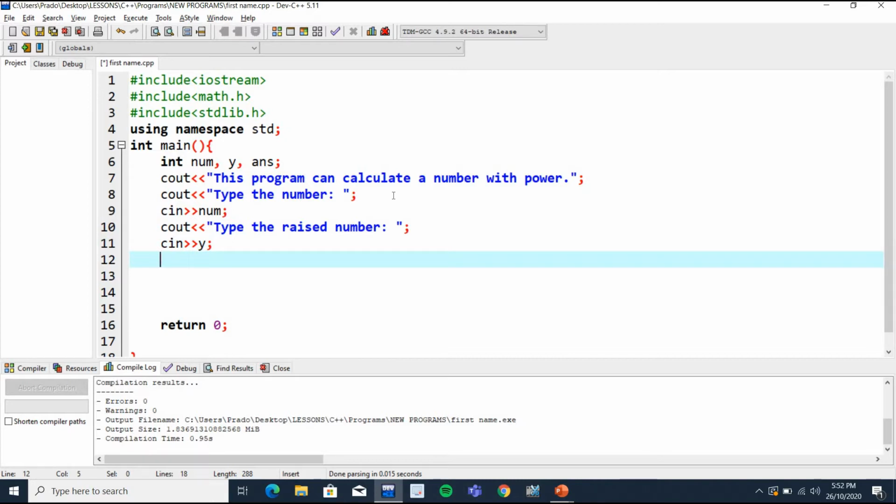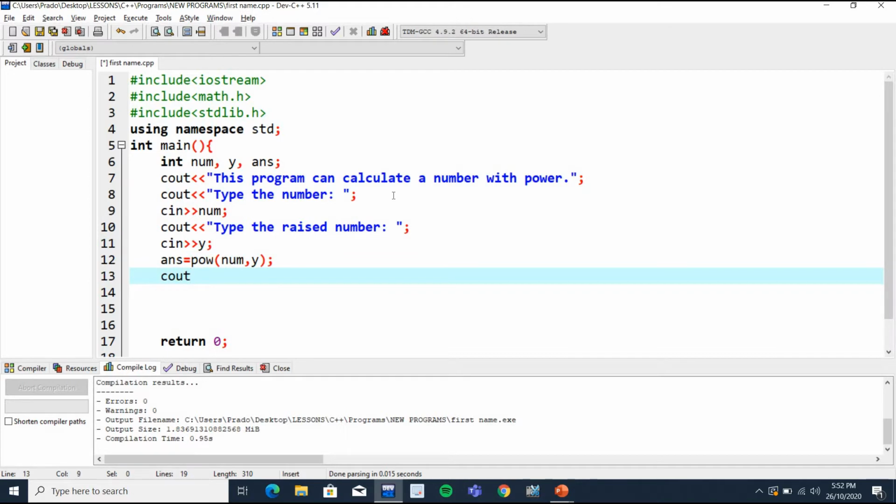Then ilalagay na po natin yung formula, which is answer or ans is equals to pow, then parenthesis, inside the parenthesis is the number, and then kung saan po natin yung raised mismo, yung raised number, so the y. Tapos na po, and then semicolon.